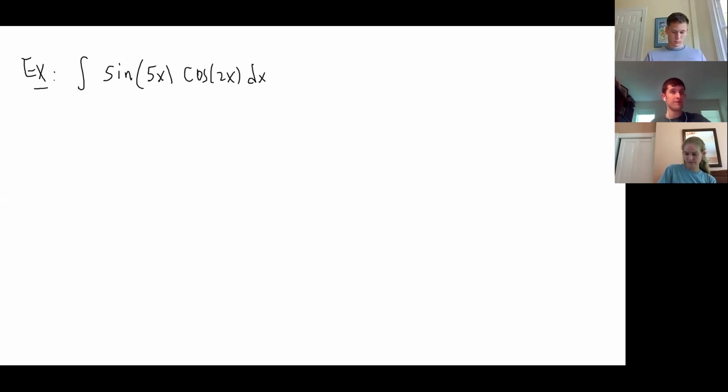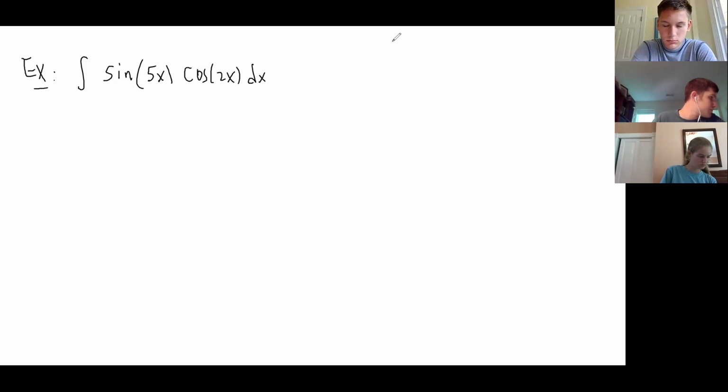So what it says, if you have that, you can recombine them into a sine that's the two numbers added and a sine where the two numbers are subtracted. And then you put those together and you're basically averaging them. So here, let me sort of rewrite that off to the side.